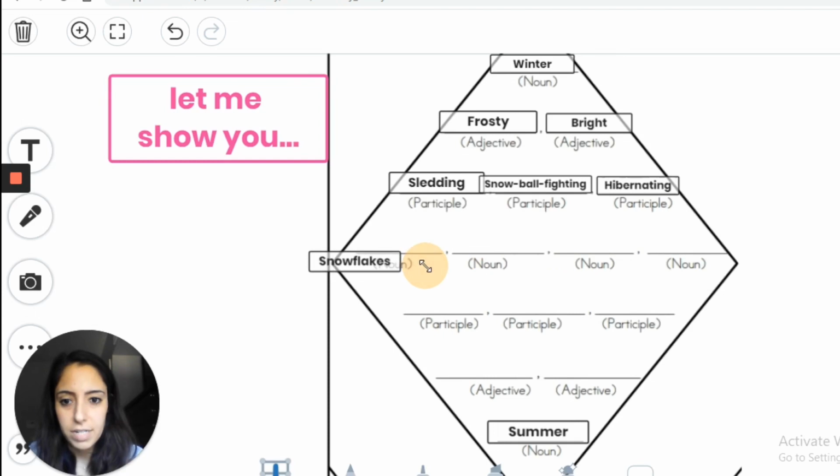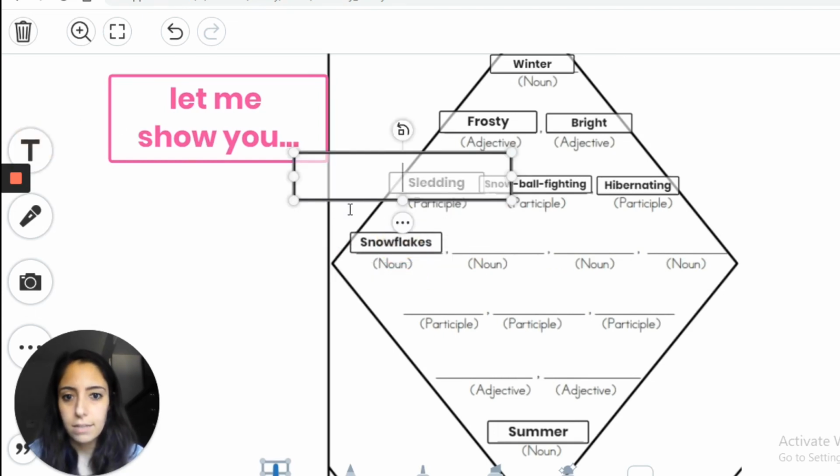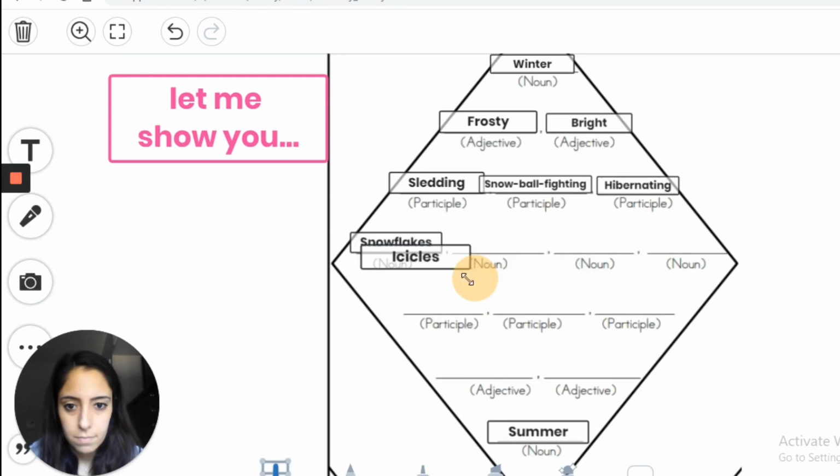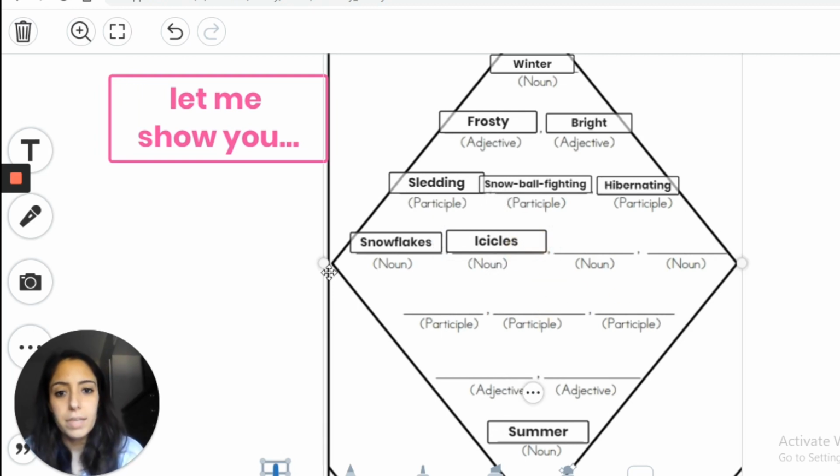Trying to picture a wintry scene in my head. Snowflakes, and let's say it's really cold, icicles. Snowflakes and icicles, those are both things, and they both relate to winter. So I'm good with the nouns there. Now I've fully described my first topic, and I'm ready to switch to my second topic.